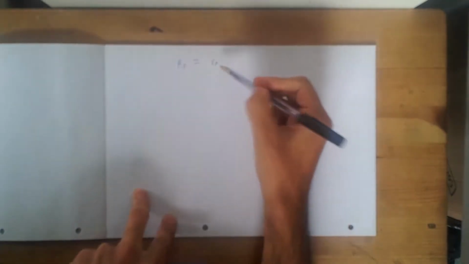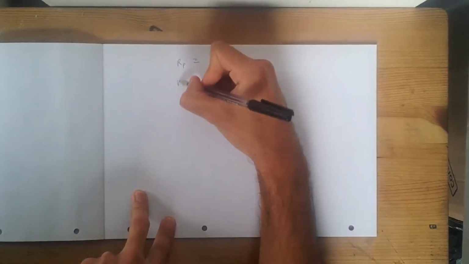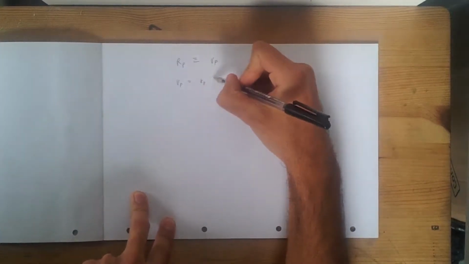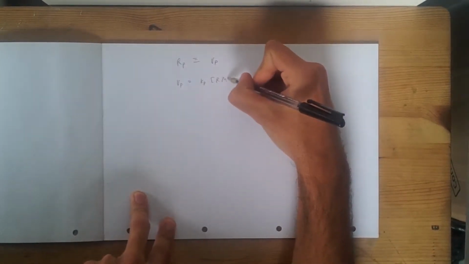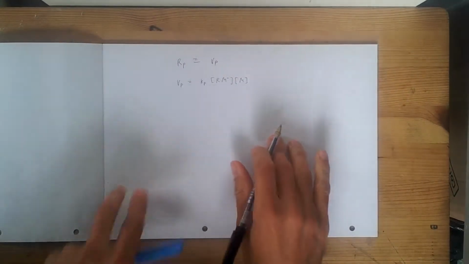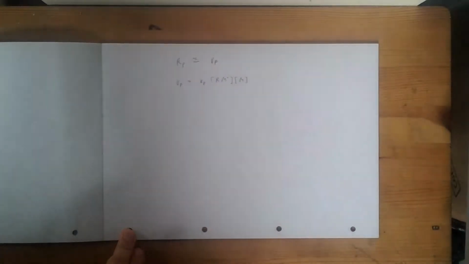This is the rate of propagation. This means that our rate will be Vp equals Kp Rm dot m, sorry, just m. This is just the rate of propagation from the earlier question 8.